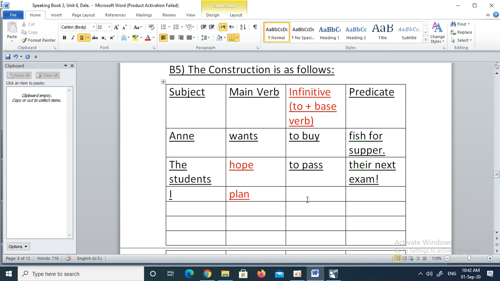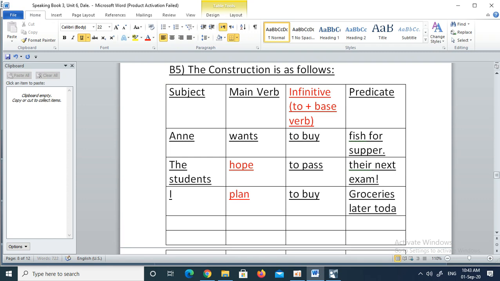I plan to buy groceries later today. I plan to buy groceries later today.